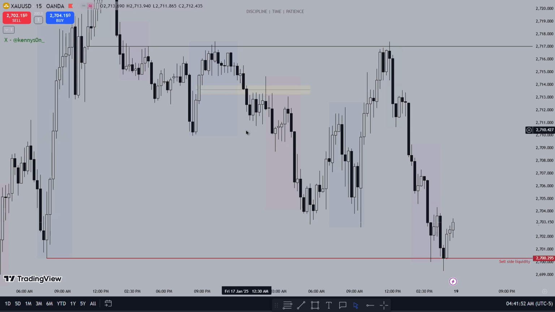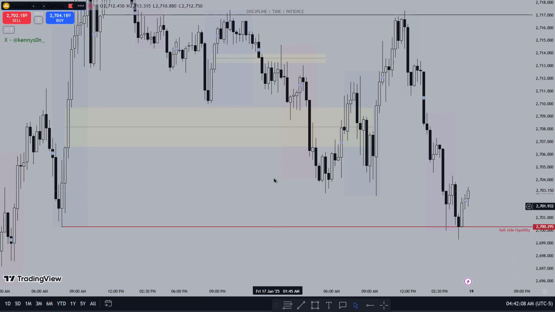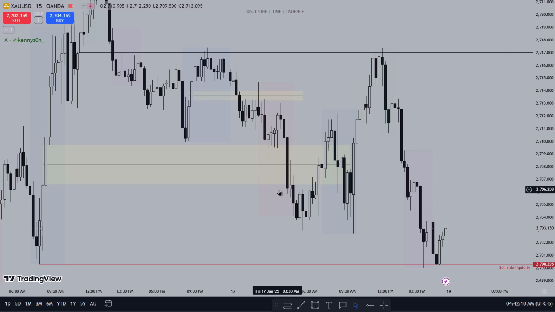Once it took out Asia, once we inverse this right here, you moved your stop to break even, because your next target is the next logical low hanging, or maybe you take a partial here. Personally, it's hard for me to trade two contracts because of the money I can afford to trade.